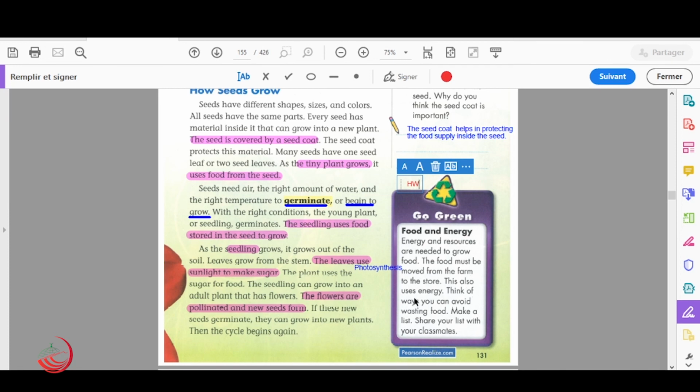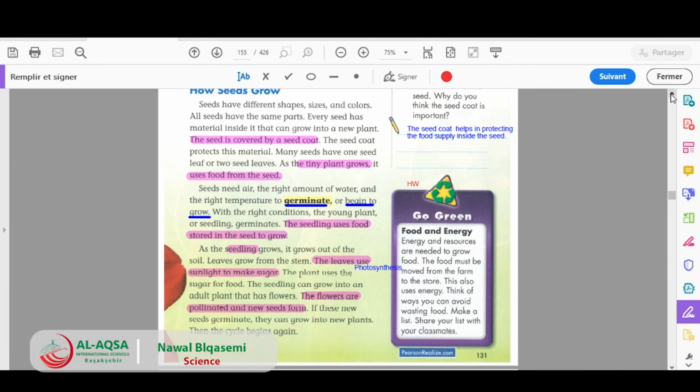This also uses energy. Think of ways you can avoid wasting food. Make a list and share your list with your classmates. So I want you to think of ways that you can save the food from going to waste. Okay? Tell me how you can save food and not waste it. You can tell me 1, 2, 3, just make a list of how many ways you think of.